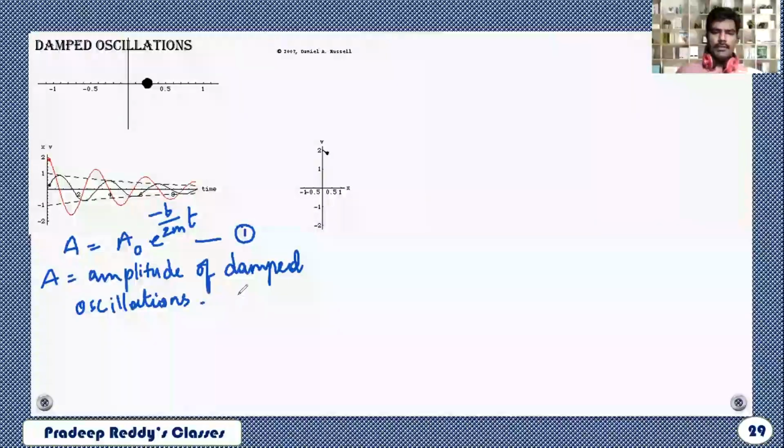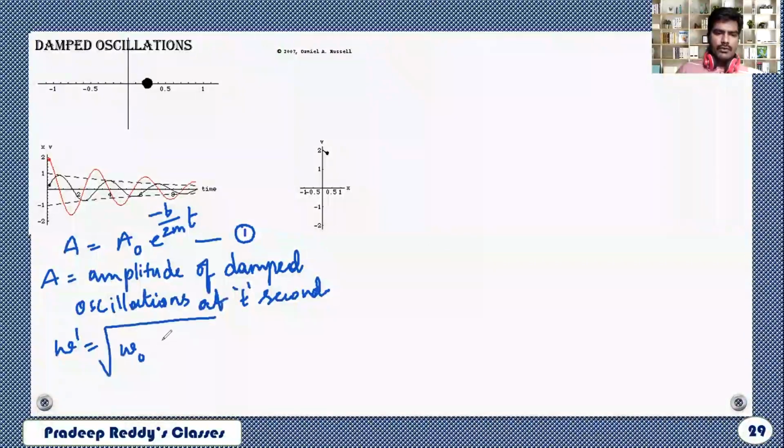Amplitude of damped oscillations at t second. And we also have the equation omega dash is equal to under root omega naught square minus b square divided by 4m square.